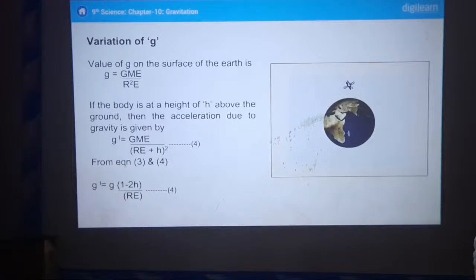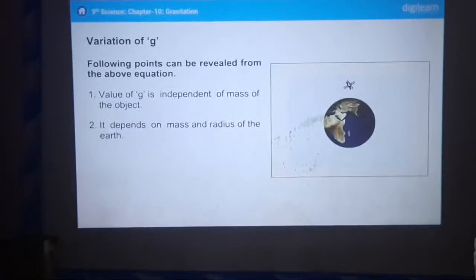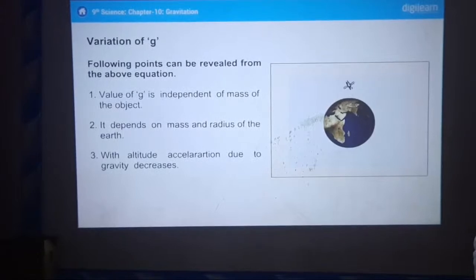From equations 3 and 4, g dash is equal to g into 1 minus 2h upon Re. The following points can be revealed from the above equation. The value of g is independent of the mass of the object. It depends on the mass and radius of the earth. With altitude, acceleration due to gravity decreases.